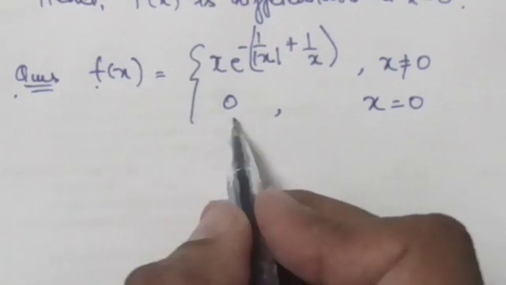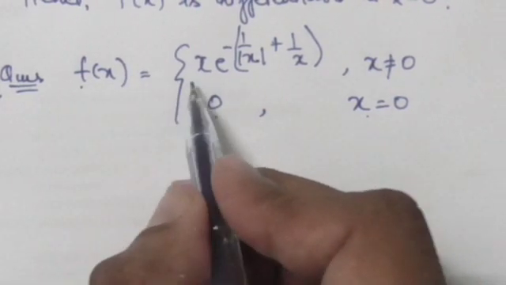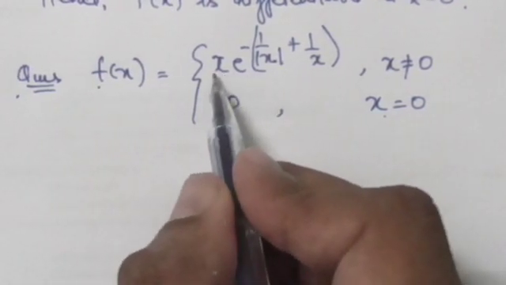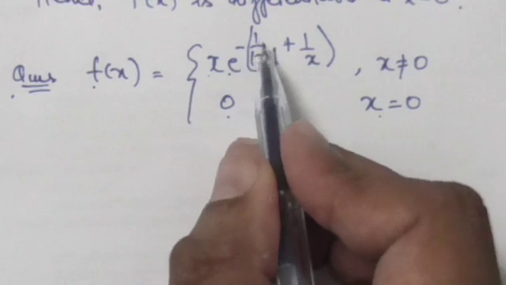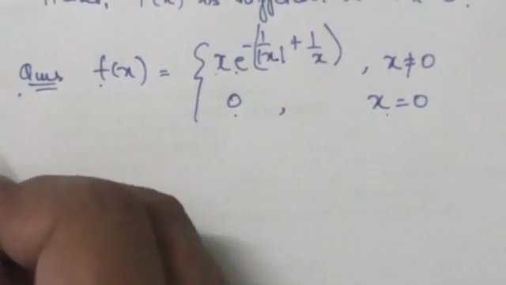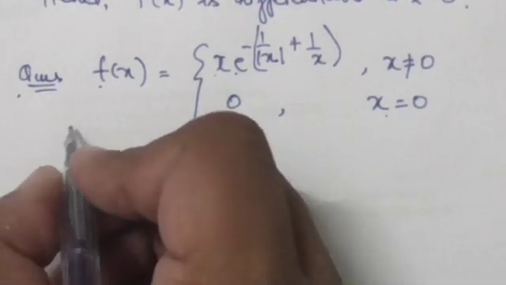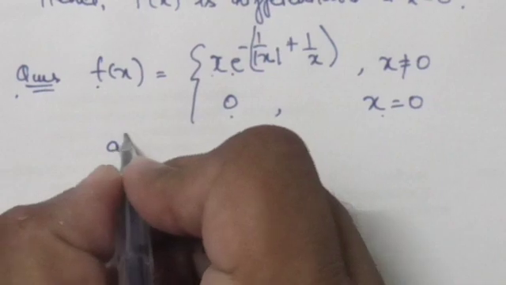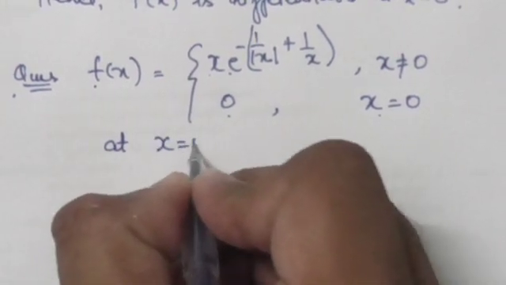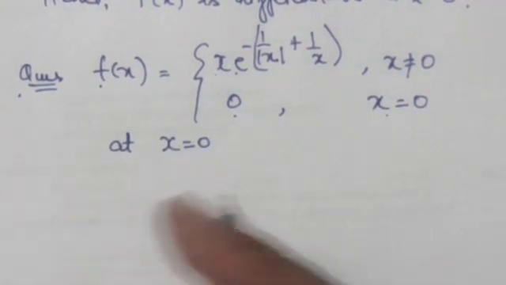This function f(x) is equal to 0 when x is equal to 0. Otherwise this function f(x) is equal to x into e raised to power minus 1 upon mod x plus 1 upon x. So we have to discuss its differentiability at x is equal to 0. We need to check whether this function f(x) is differentiable at x is equal to 0 or not.